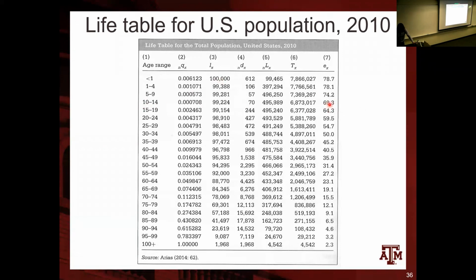69.3, what does this number here mean? That's what I mentioned before. That's the life expectancy at age 10, that's the example that I'm giving here.